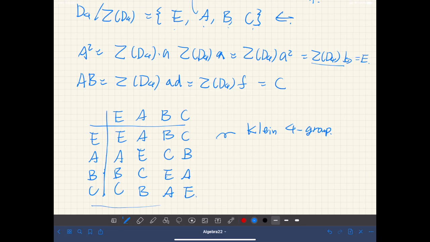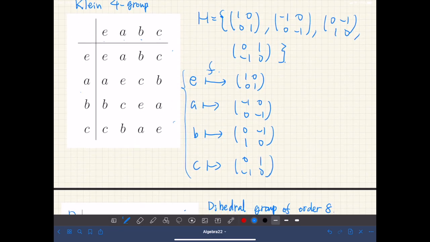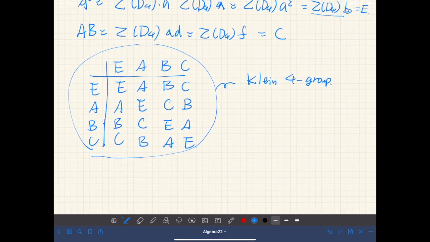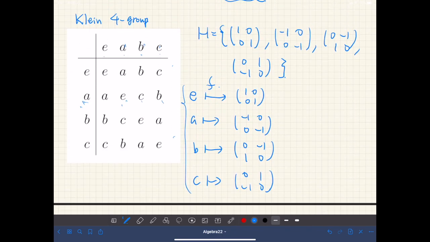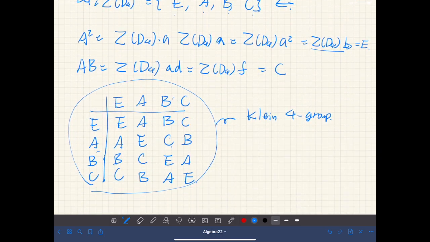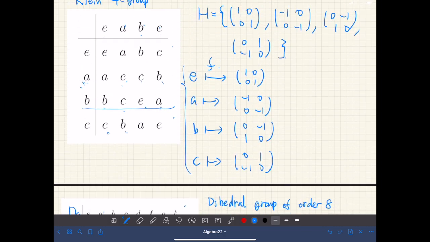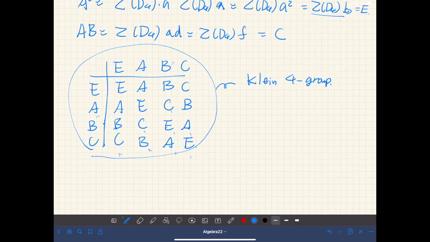So let's compare this with the previous example. A times A is E, A times B is C, A times C is B. For this row, B, C, E, A, and for this row, C, B, A, E. So it's a Klein four-group.